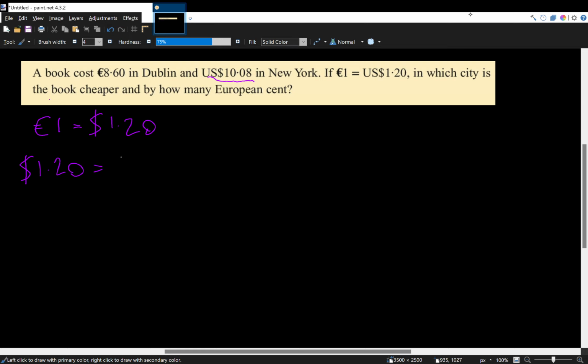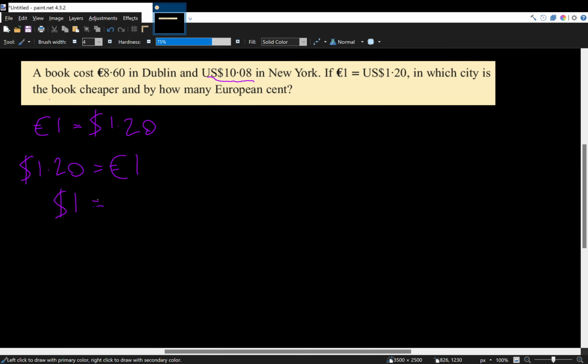$1.20 is equal to €1. But now we need to get that down to $1 and find out what that equivalent amount is in euro. To get $1.20 down to $1, we're going to divide it by 1.2. So we get $1.